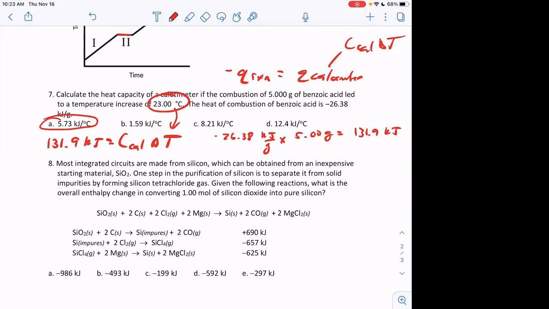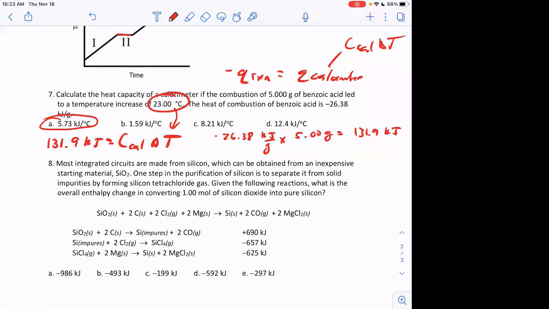Question? Yeah, that's the delta T that goes in there, right? Once again, I don't worry about the negative sign, but if we did the temperature change, it would want to be negative, and the negative will cancel out.